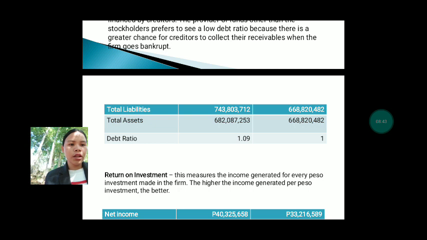You do not multiply it by 100, so the result is 1.09. The same process applies to the 2018 amount.